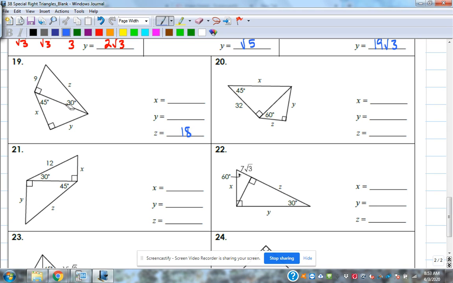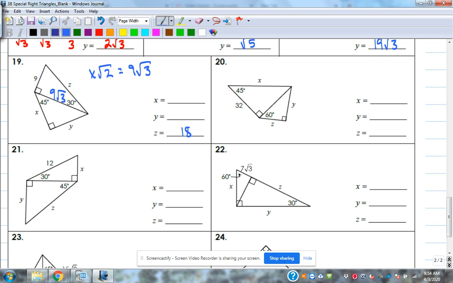And then the long leg here, which is not one that we have to find, but it's something we need, 9 radical 3. And that ends up being the hypotenuse to the 45, 45, 90. So we know that the 45, 45, 90 is leg length times radical 2 to get there. So it's x radical 2 equals 9 radical 3.